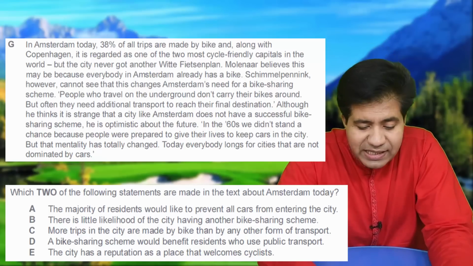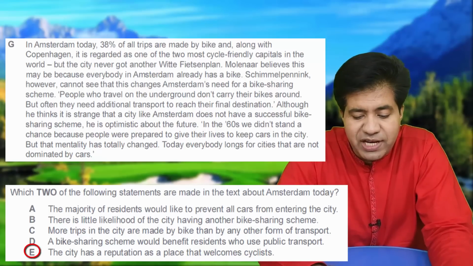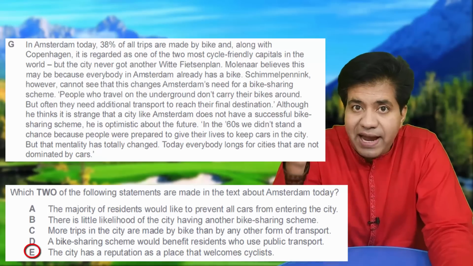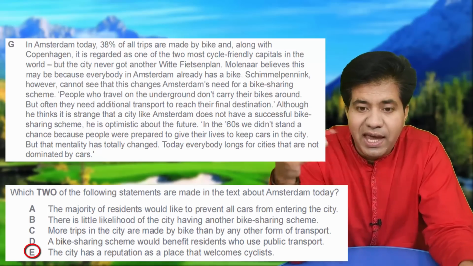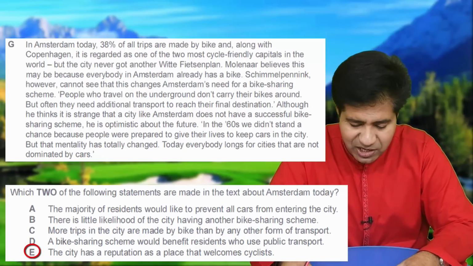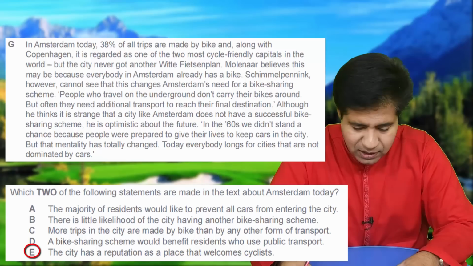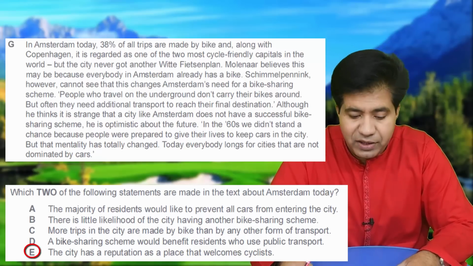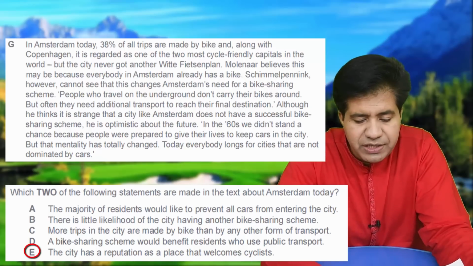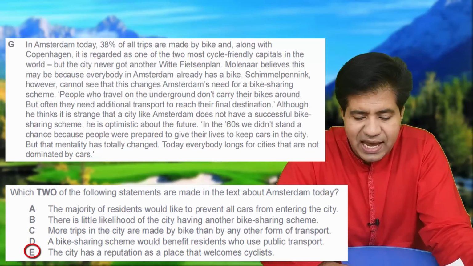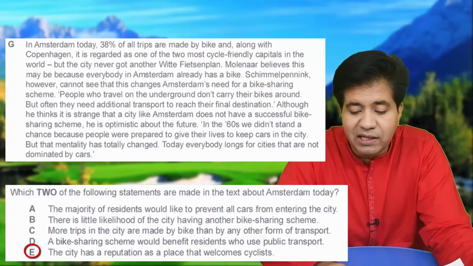Option E says the city has a reputation as a place that welcomes cyclists, and bicycle friendly cities. Okay, they are saying two most cycle friendly capitals in the world. Clear? So we will select option D, a bike sharing scheme. Sorry, we will select option E. The city has a reputation as a place that welcomes cyclists.